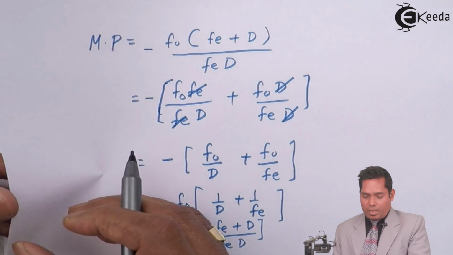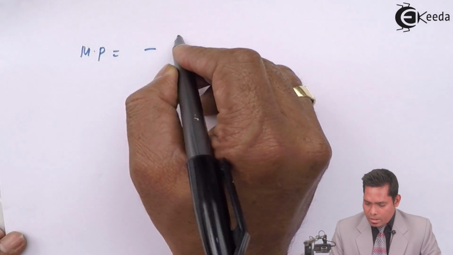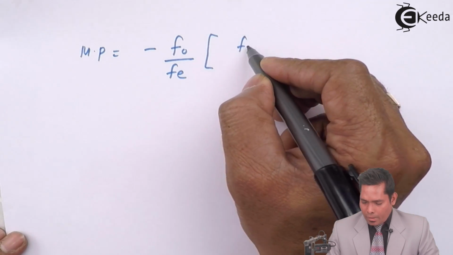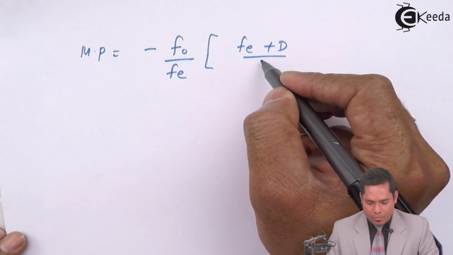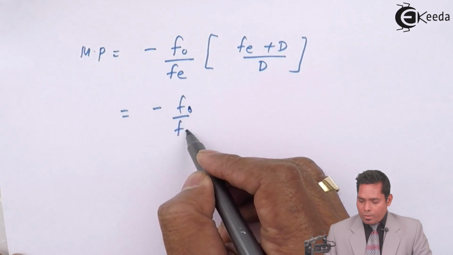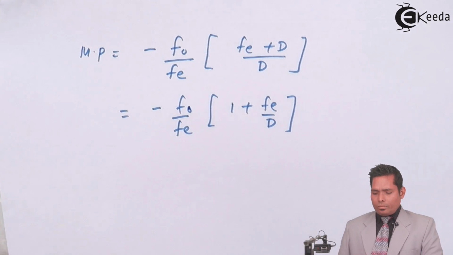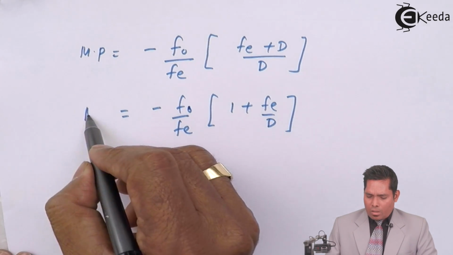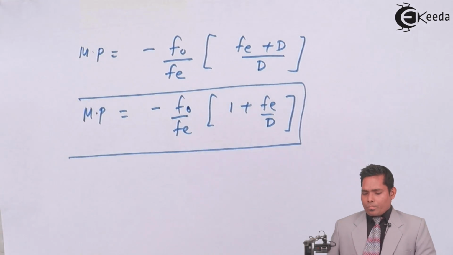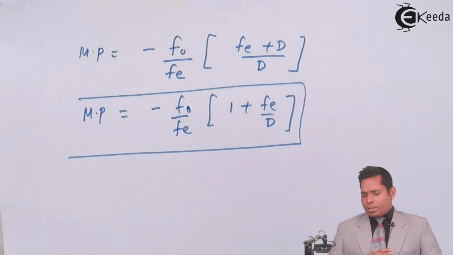This can be written as minus FO, I take common FE outside, then inside I have FE plus D divided by D. This I will write as minus FO by FE and 1 plus FE by D. So this is the final expression for the magnifying power of the telescope when the image is formed at DDV, the distance of distinct vision.